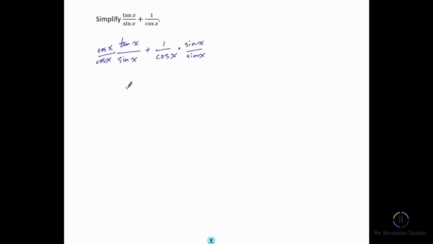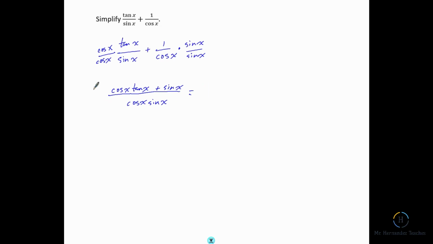So I'm going to multiply here cosine x times tangent x, just like that. And then 1 times sine is going to be just sine x. And then that denominator is the same, cosine x times sine x. Well, now let's look at what we have here. Cosine times tangent.